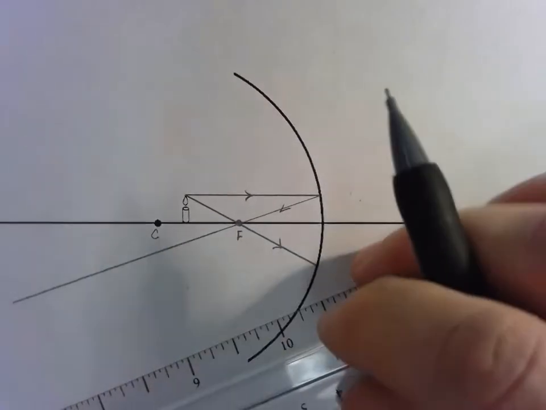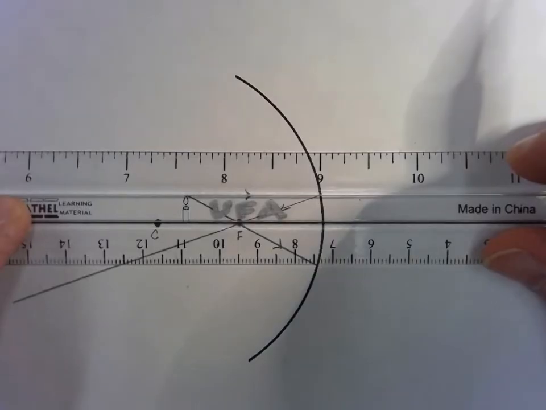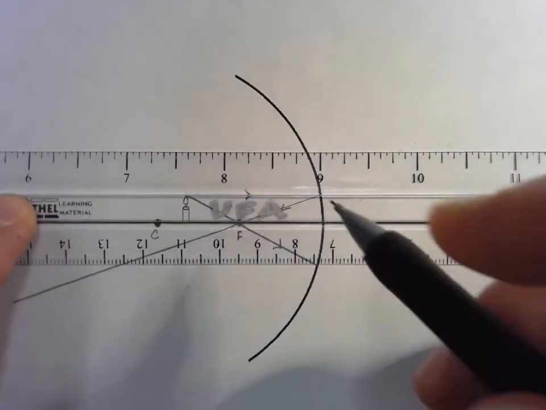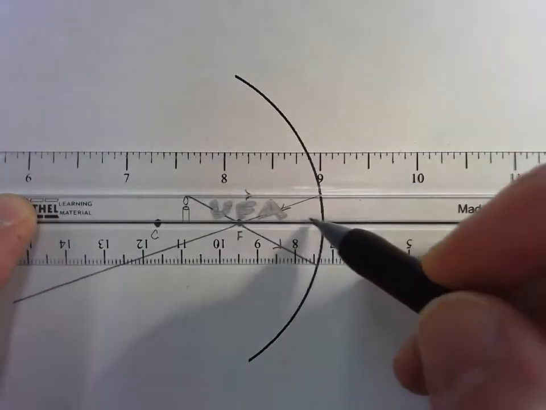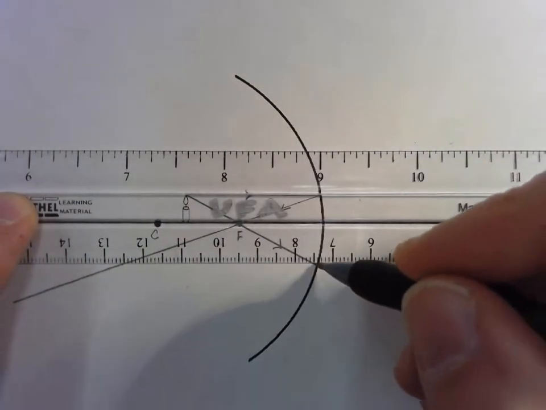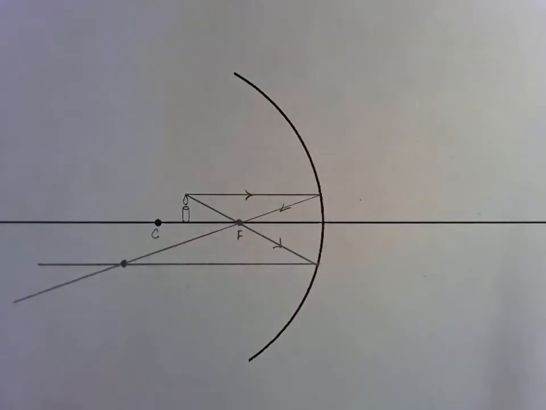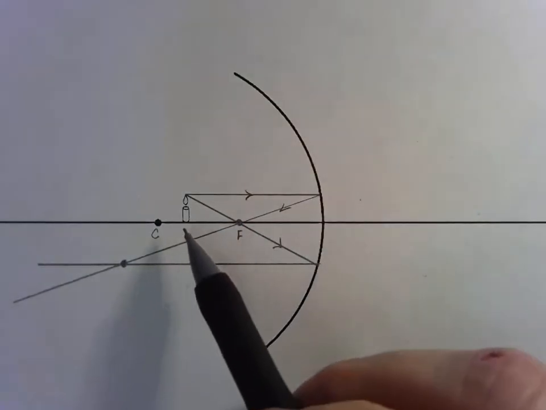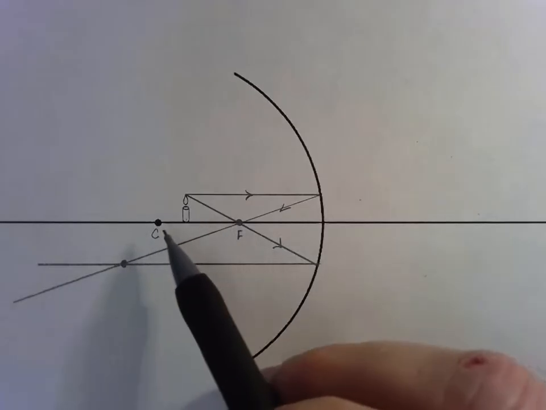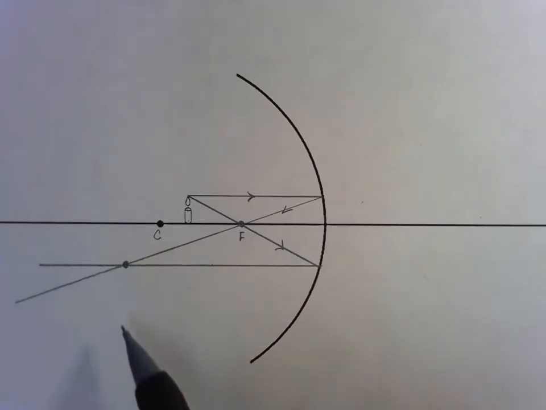And again, let me turn this around so I can use the line on the ruler to help me draw a parallel line. So there we go. And here we have the intersection of the 2 rays. Now not surprisingly, because the object is between the center and the focal point, I should know that the image is going to be further behind the object and that it should be larger.